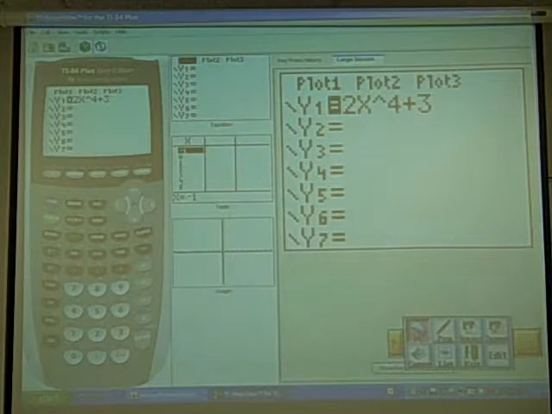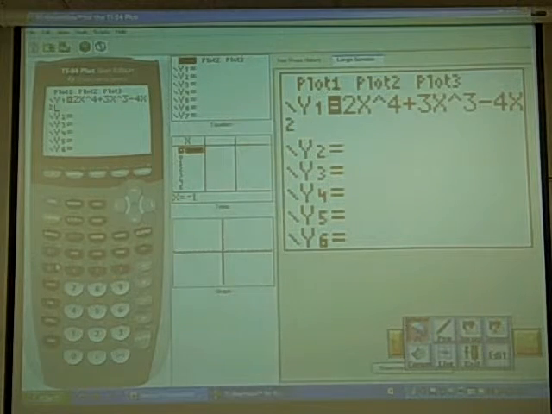Plus 3x, and then exponent cubed. Again, check it. Minus 4x squared. And notice this wraps around, but that square is still part of x. Minus 3x plus 2. Okay?